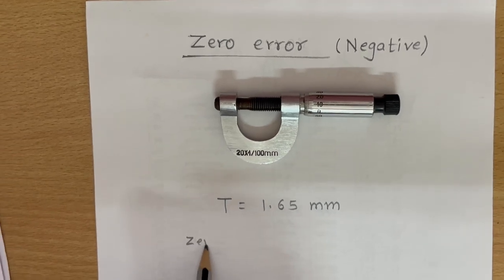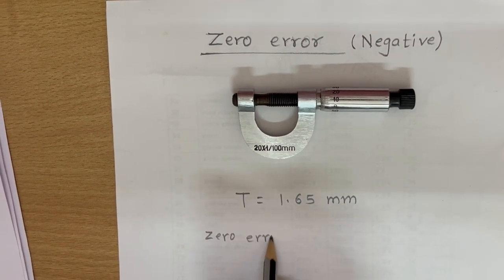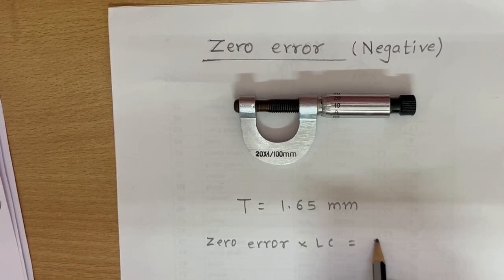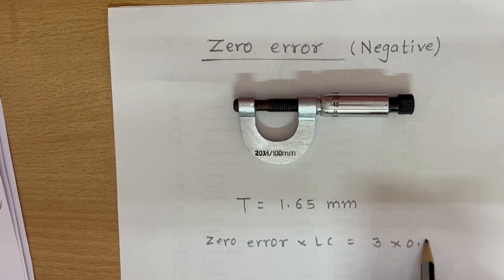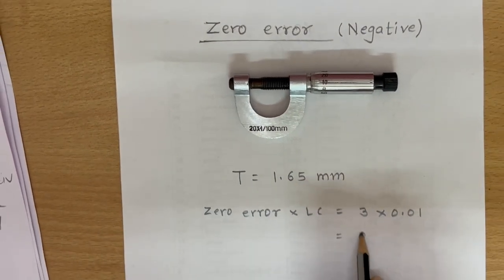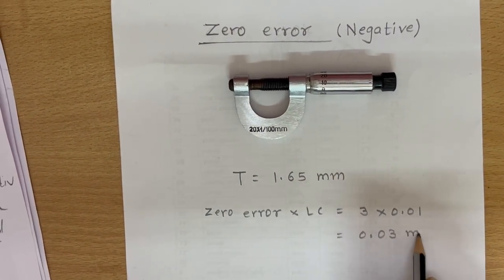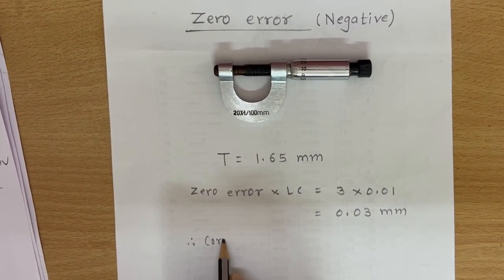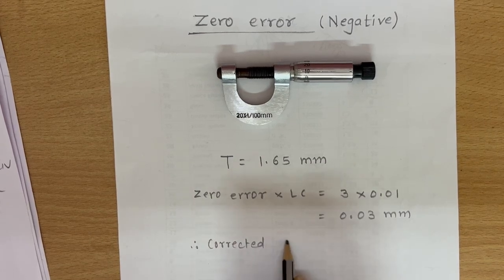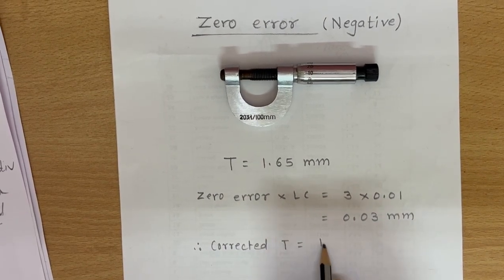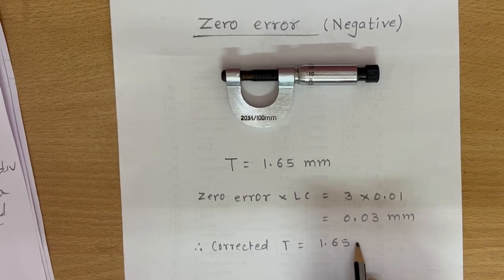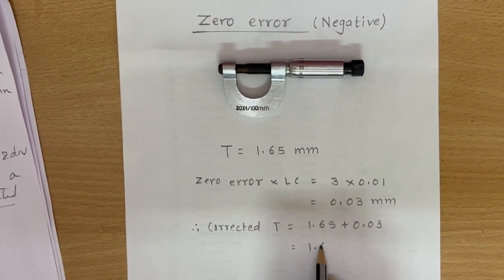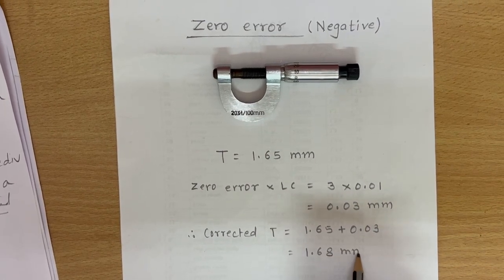The zero error into least count is 3 into 0.01, which becomes 0.03 millimeters. Therefore, the corrected thickness T is equal to 1.65 plus 0.03, which is 1.68 millimeters.